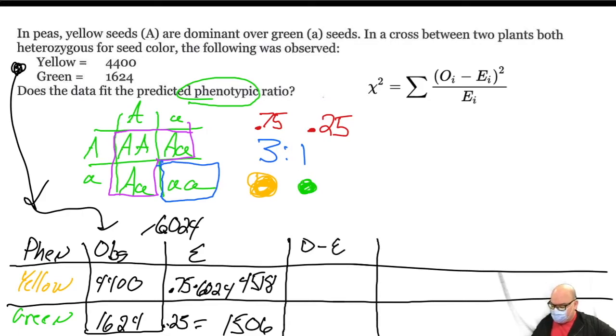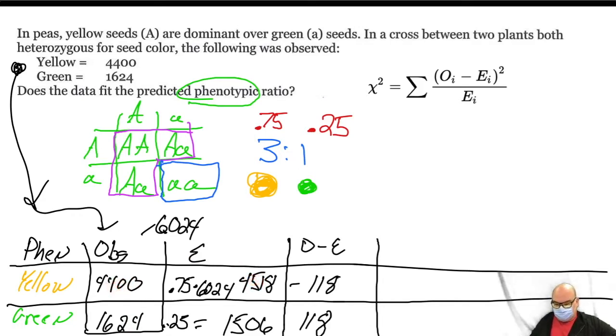So when I subtract these on this one, I get negative 118, and on this one I'm going to get positive 118. Okay, so what did I do? Subtracted this number from this number, and then the same thing up here, this number and this number.